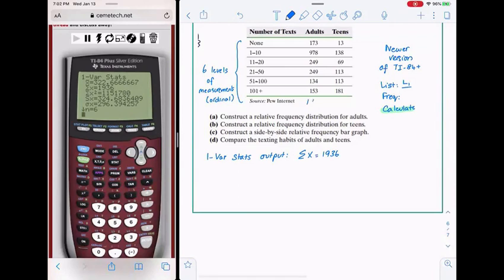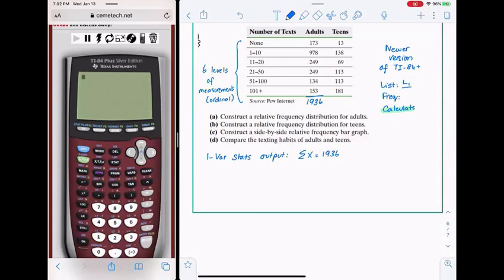So we have 1936 over there. Now I could easily compute the relative frequency distribution the moment I know the total.